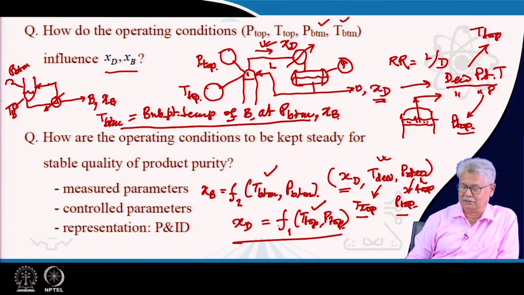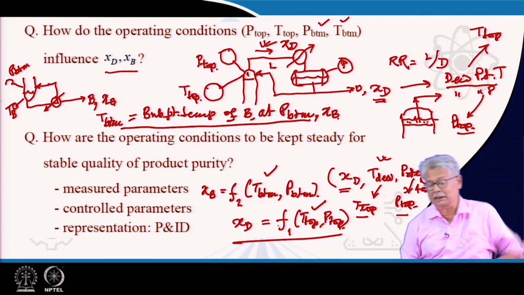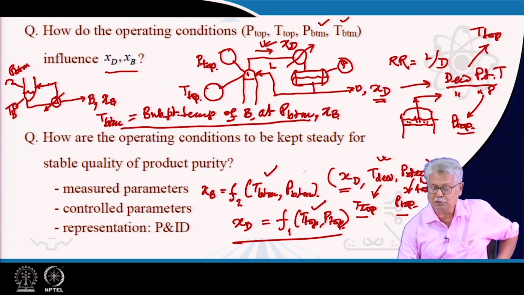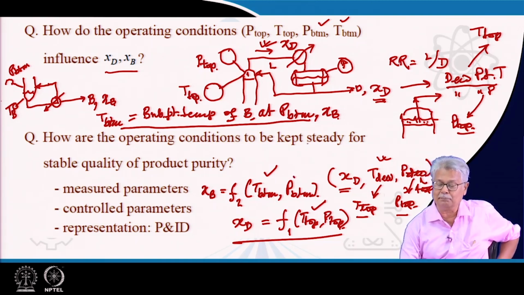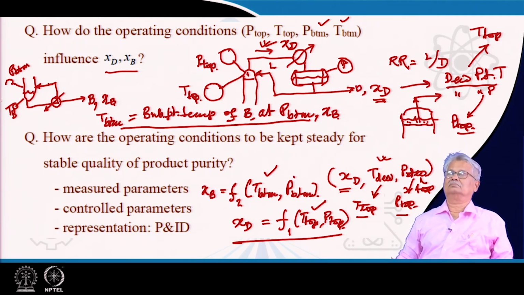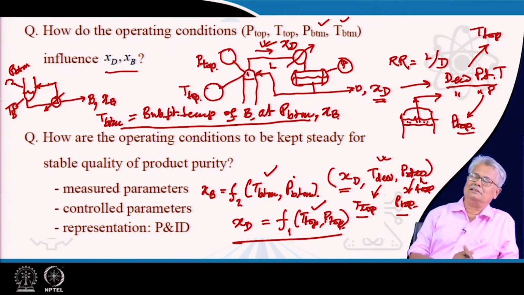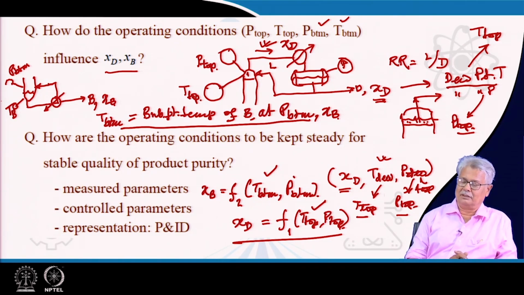Now, there is something in addition to this. We normally would like to keep the column top pressure constant. If you calculate, it is something very interesting.